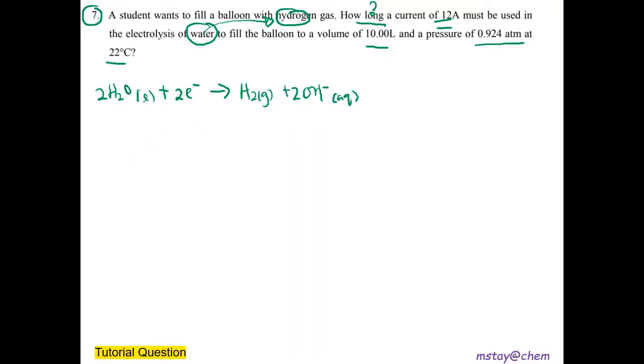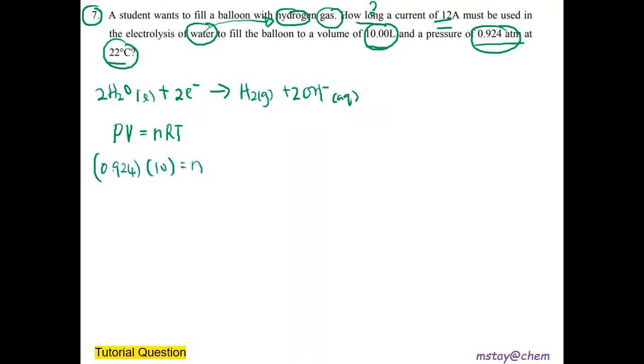Okay, then next we look at what other information we have. 10 liter, 0.924 atm, 22 degrees Celsius. So I have volume, pressure, temperature, and when we look at it, this is a gas, so we think of PV equal to nRT. Pressure 0.924, volume 10 liter, number of moles we have no idea yet.